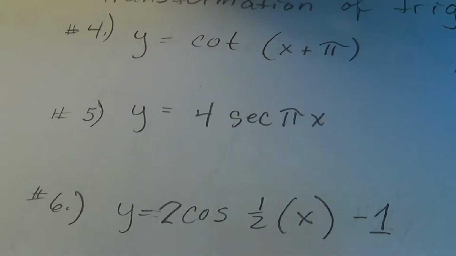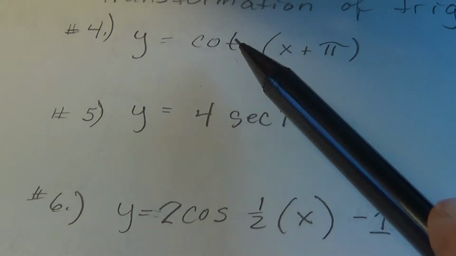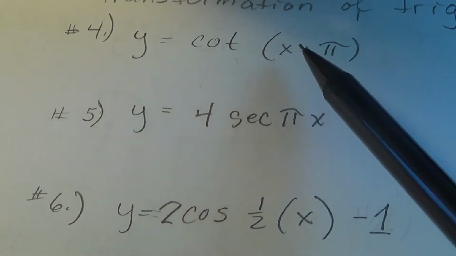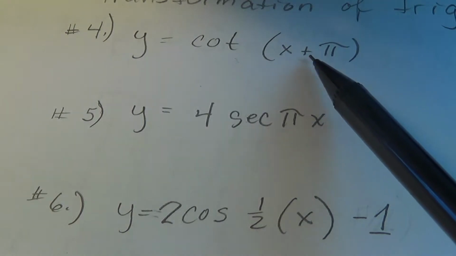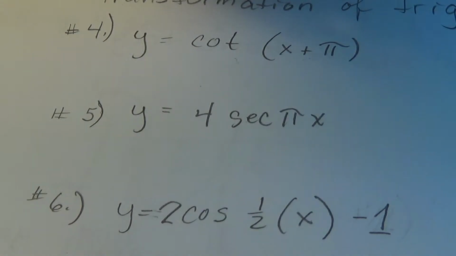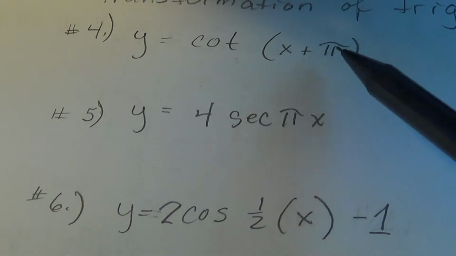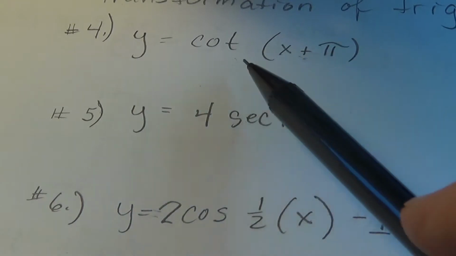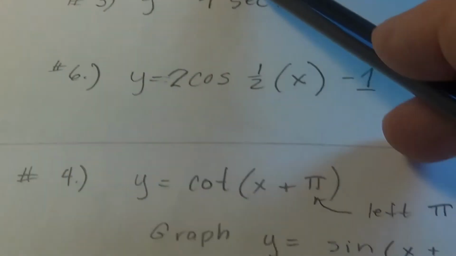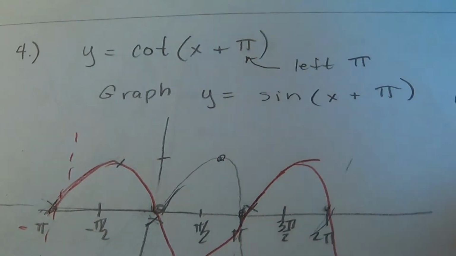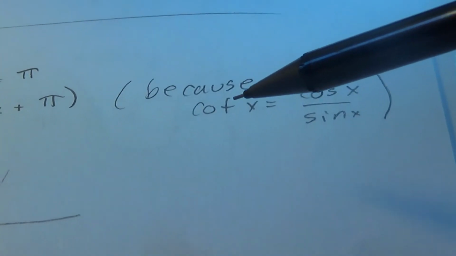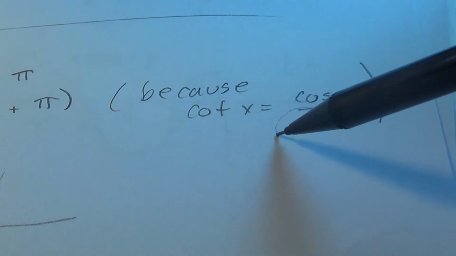So number 4, starting with the cotangent, that is one of the backwards snake, I call it, and it's going to be moved. This will move it always opposite of what you think. So you would think a plus would go to the right. It does not. It'll move it minus pi radians. So the curve that I want to graph is related to cotangent, because cotangent is cosine over sine.